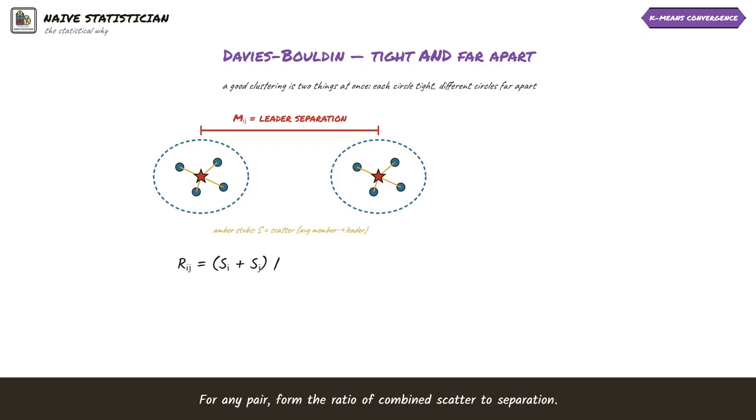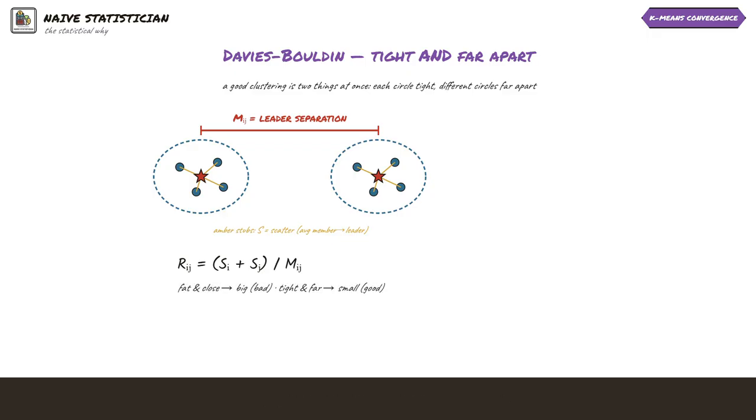Call it M. For any pair, form the ratio of combined scatter to separation, Si plus Sj over Mij. It is large when 2 circles are fat and close, the bad case, and small when they are tight and far apart.